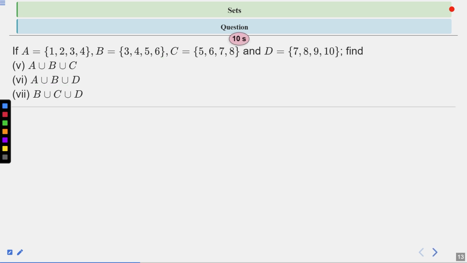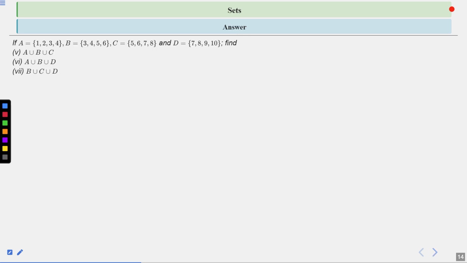So please do try. You will have some seconds to try this problem. So your time starts now. I hope, as I can see, many of you are getting the correct answer.